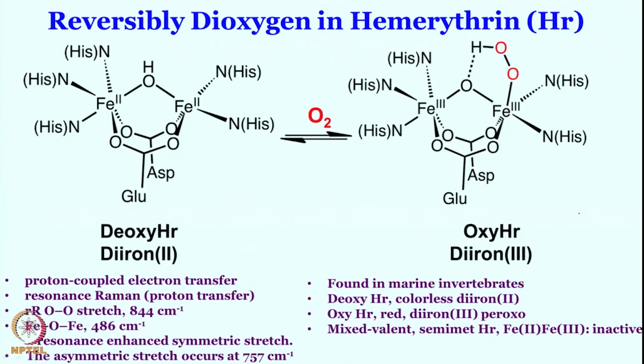But as you have seen over here, this is a hydroxo intermediate, and upon oxygen binding it forms from iron 2 an iron 3 hydroperoxo intermediate, which is hydrogen bonded through this mu oxo species, right. If you record the resonance Raman of this oxygen stretch, you find that it is at 844 wave number, which matches perfectly for the peroxo species.